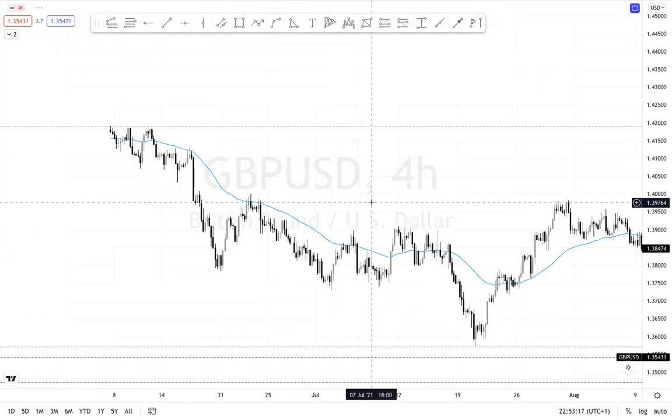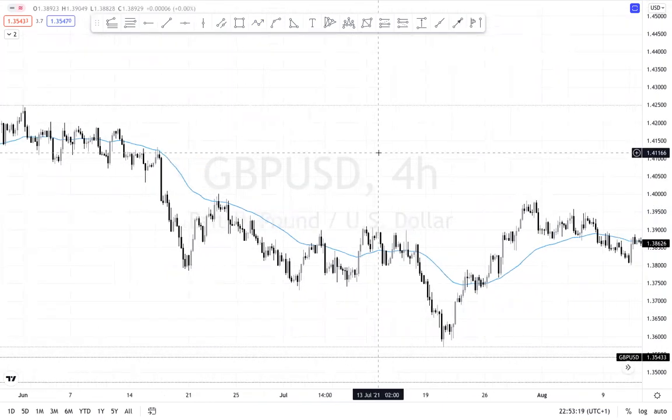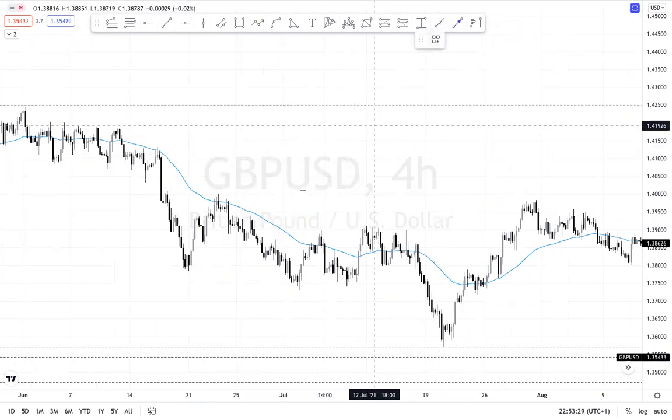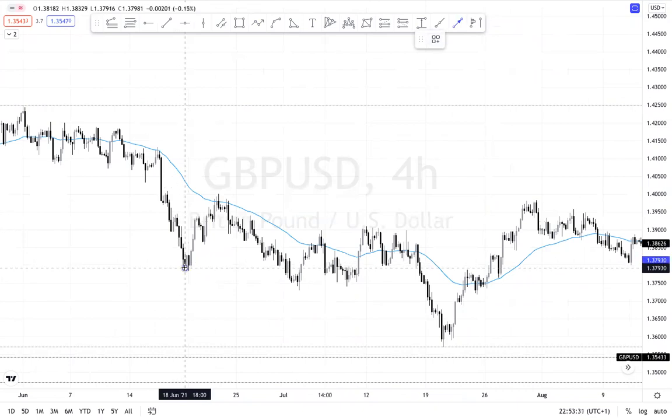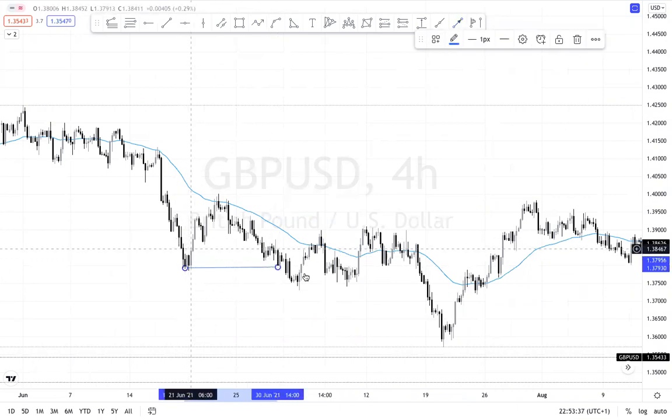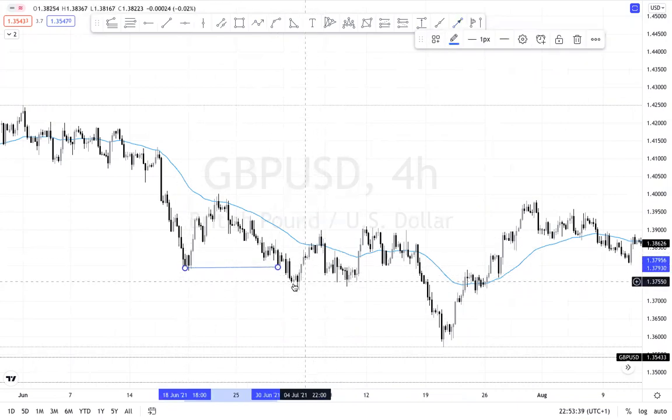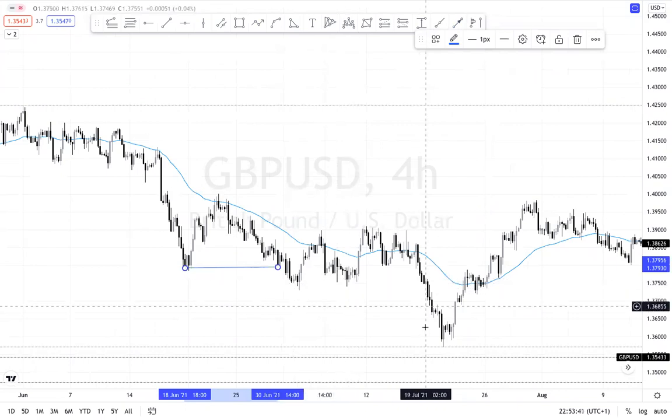Alright, so guys, here, there's a way I actually approach this market structure. Now, if the market creates a new low, okay, which is this area here, this is a low, this is also a low, this is also a low, but here looks like equal lows, right?